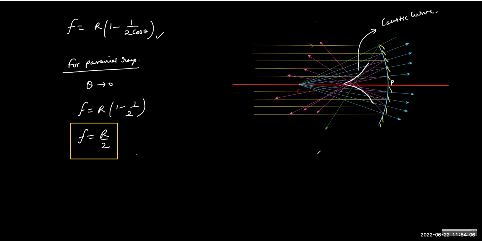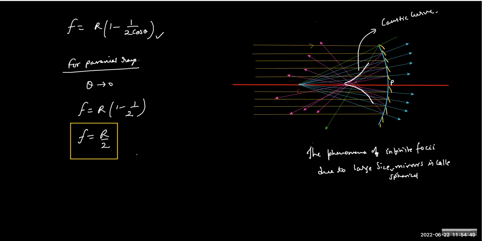So the phenomenon of infinite foci due to large size spherical mirrors is called spherical aberration.